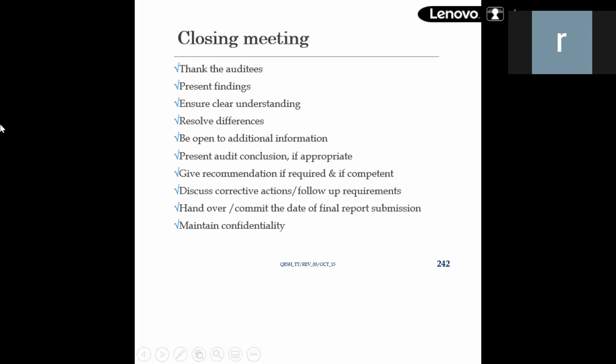If we know, you can give a suggestion or recommendation, but the auditee needs to determine how to correct and overcome those things. Then you discuss the corrective action, follow recommendations, hand over and commit to the final report submission. Then maintain confidentiality.